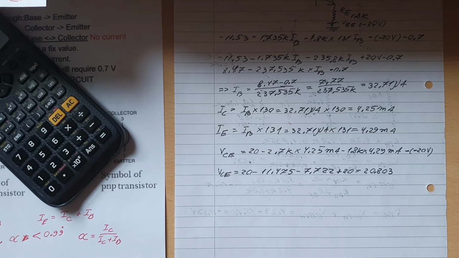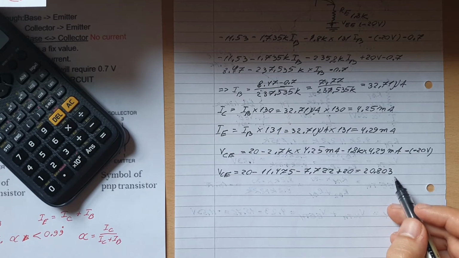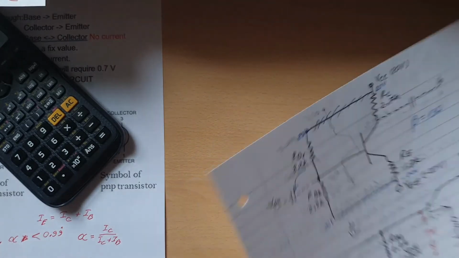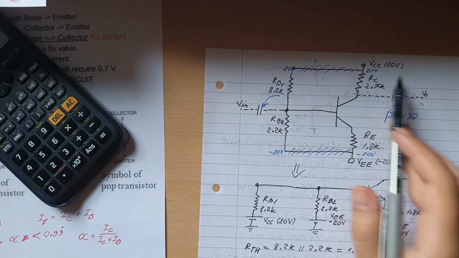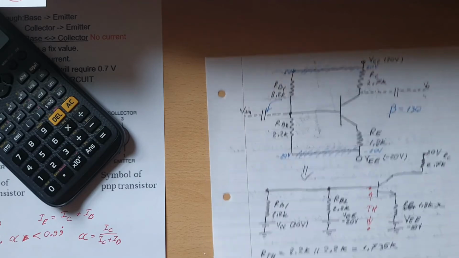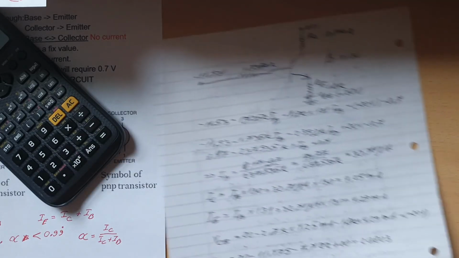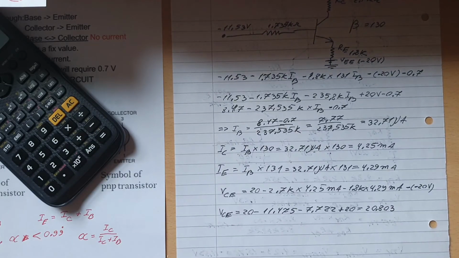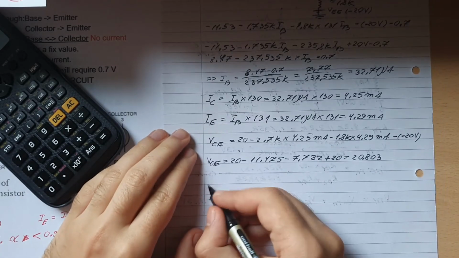Alright, now that's the value for VCE. You may think that this is strange, how does it come that it's over 20? But remember, you got the positive 20 here and the negative 20 here. If you're that way to do it, I guess we can find VC as well, because it's quite simple.